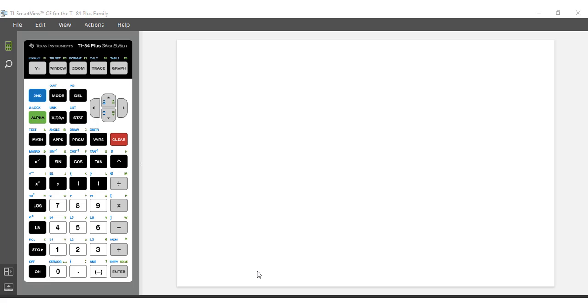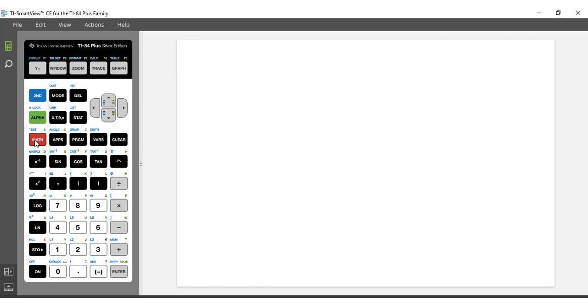This video is about how to use a graphing calculator to find the value of a definite integral. First of all, let's check where the definite integral is on this graphing calculator.